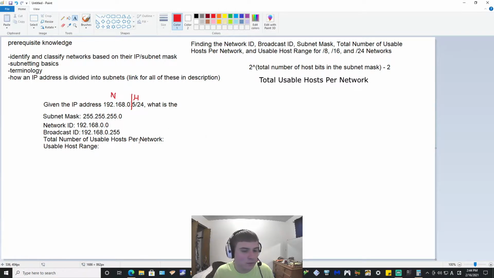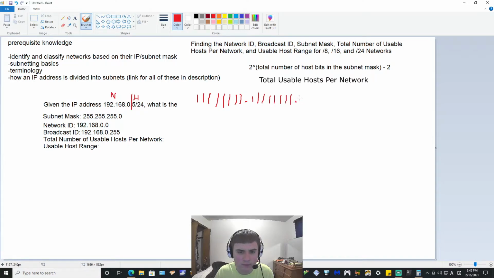So, total number of usable hosts per network. In this case, we have 2 to the power of the total number of host bits in the subnet mask. If you remember your binary, I'll write the binary of the subnet mask down. It goes 1, 1, 1, 1, 1, 1, 1, 1. We have 8 ones, dot, another 8 ones, dot, another 8 ones.